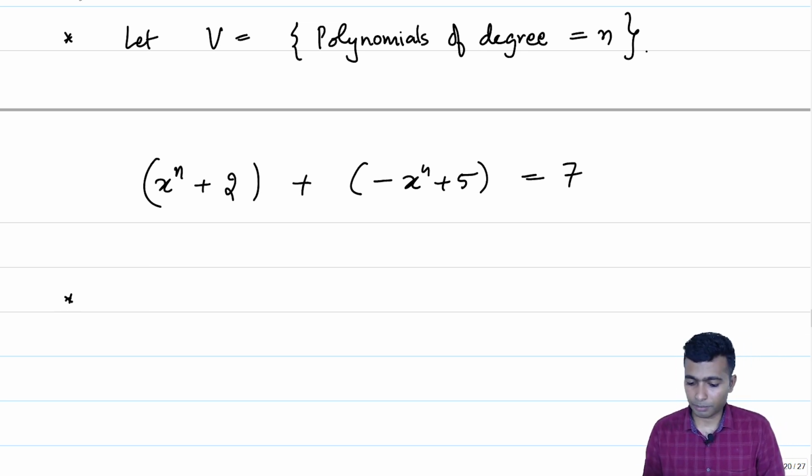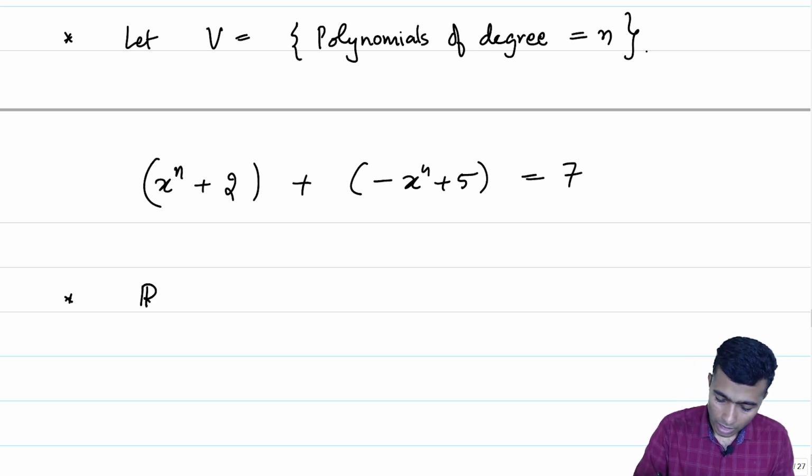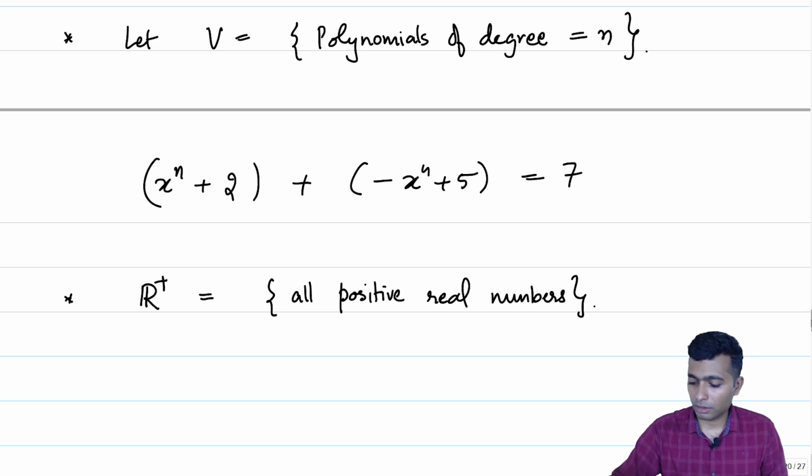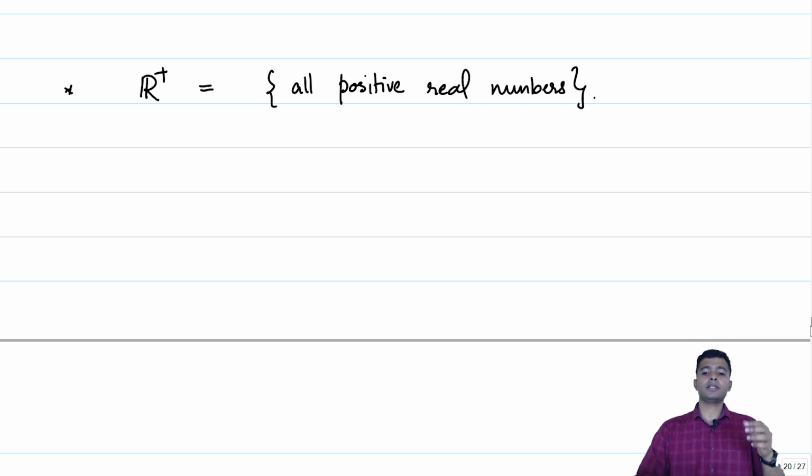What could be another example? Yes, so another example is, consider R plus. R plus is the set of all positive real numbers. Here the addition and the scalar multiplication are defined like we define them in the vector space R. If you take two positive real numbers and add them, you get back a positive real number.